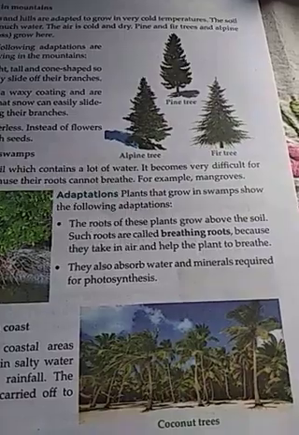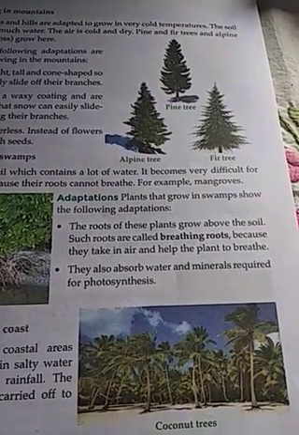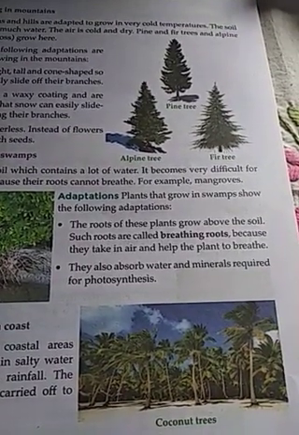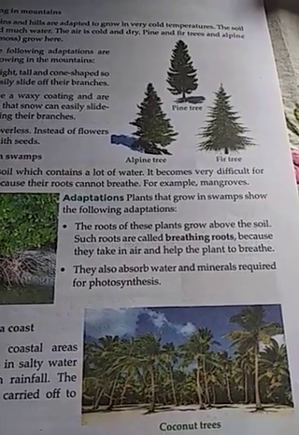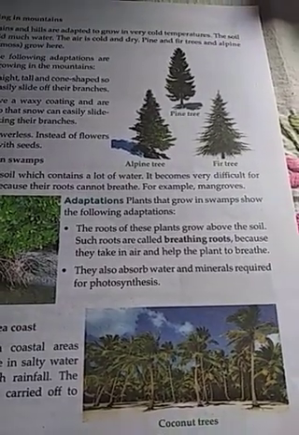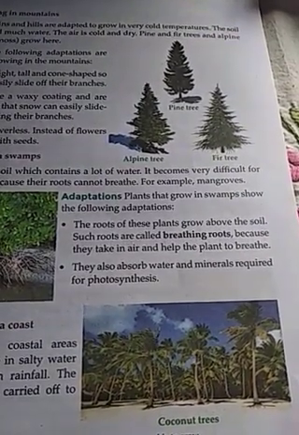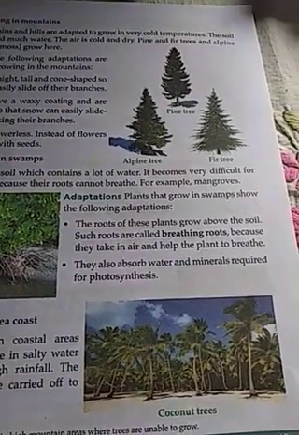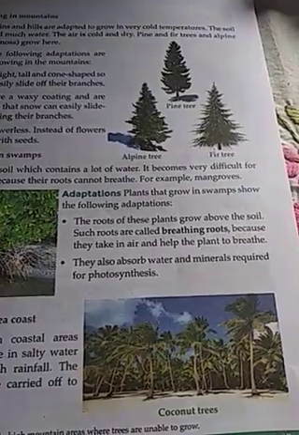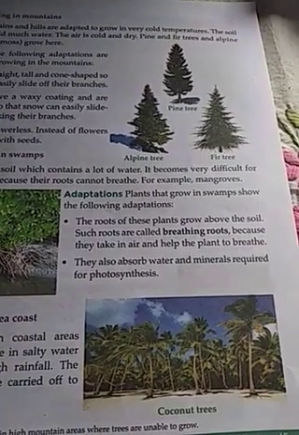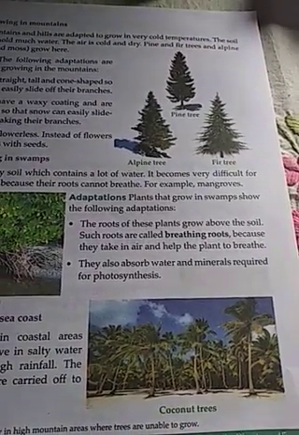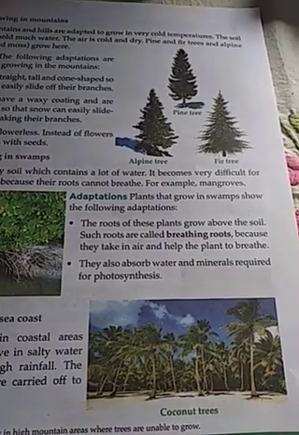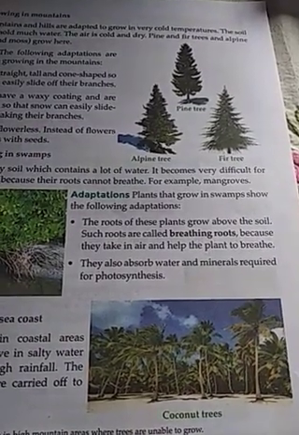Number 1, roots of these plants will grow above the soil. As I said, the roots do not penetrate deep inside the soil, but they will come out of the soil to breathe. Such roots are called breathing roots. Why? Because they take in air and help the plant to breathe.